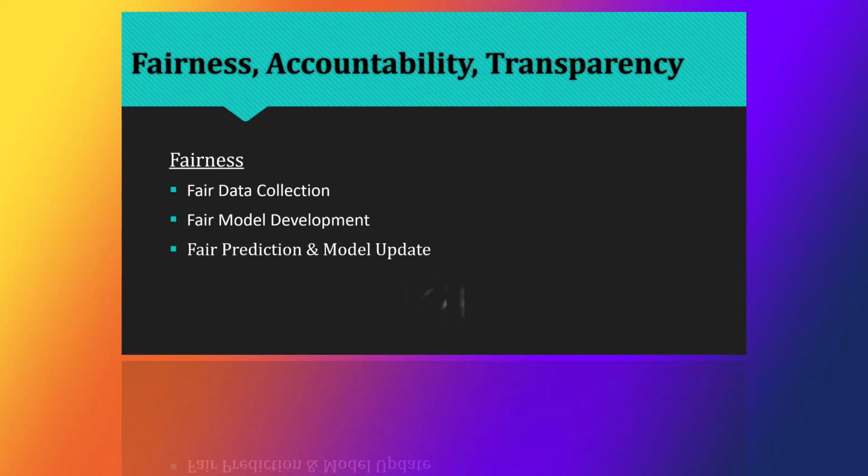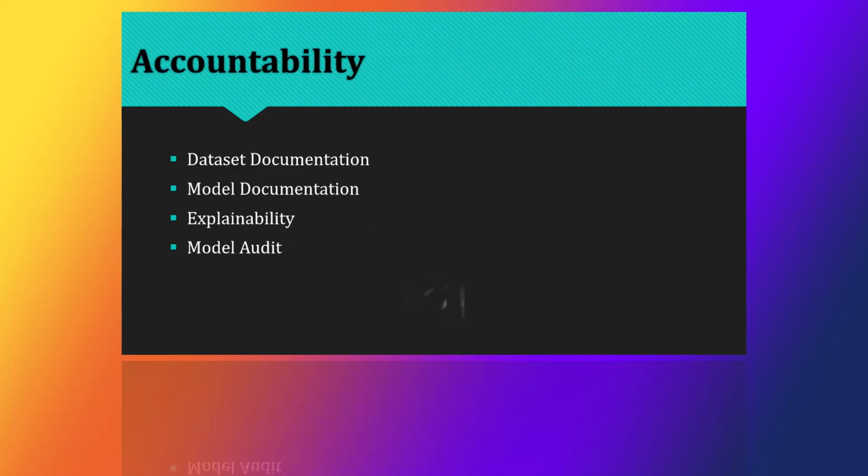The data collection should consider all the demographic groups, without bias, and the development of the model, that is feature engineering, data engineering, everything should be fair model development. And then in the model update and prediction, we have to be fair in the model.